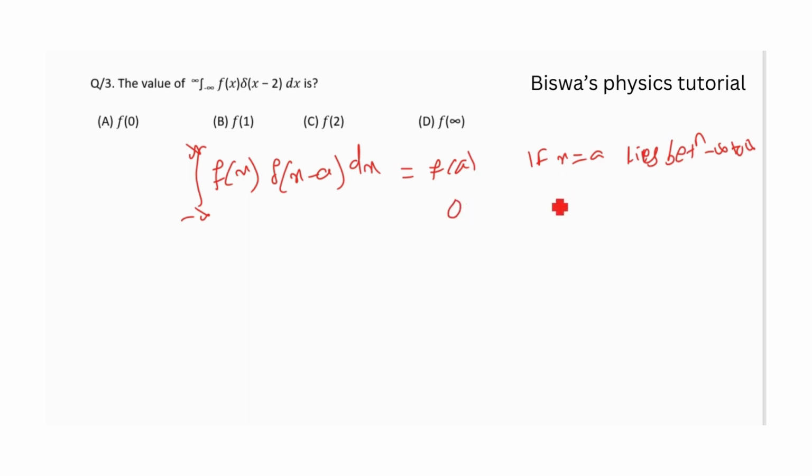Otherwise, its answer is 0. Okay, we use this formula. Now, here in place of a, it is 2. So I can directly write its answer is f of 2. So this is option number C.